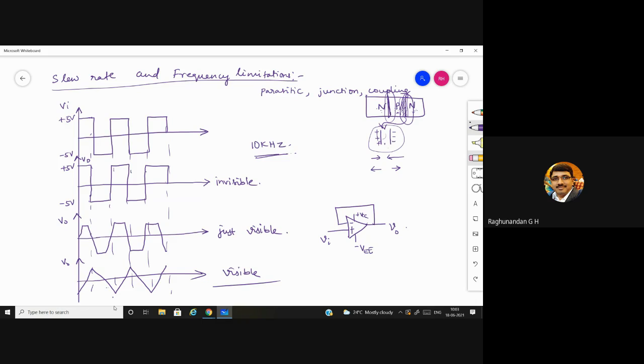The voltage can change, but usually we will not accept the change in the frequency because even if you take the example of the communication system, if you change the frequency, the message will change. But if you change the amplitude, the message will not change. The strength of the message will increase. I'll repeat it again.